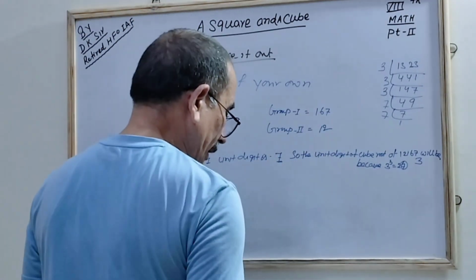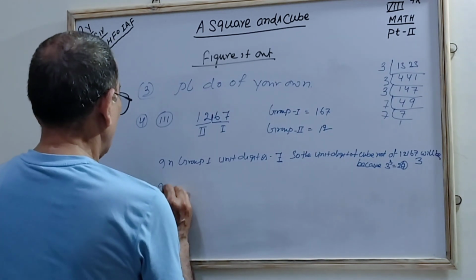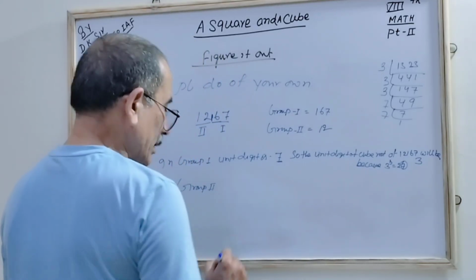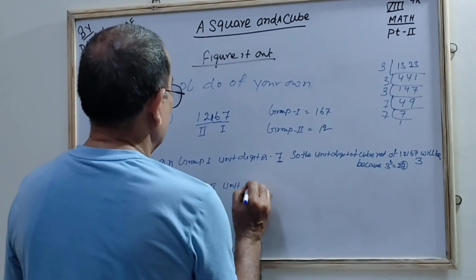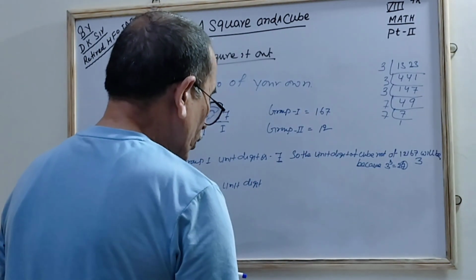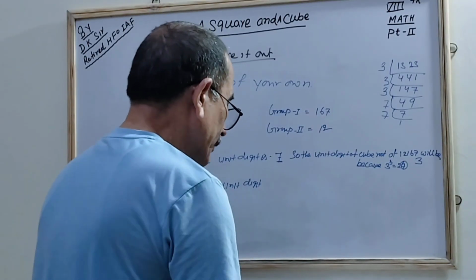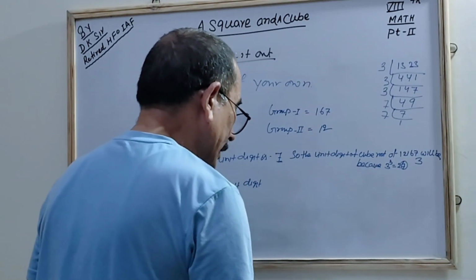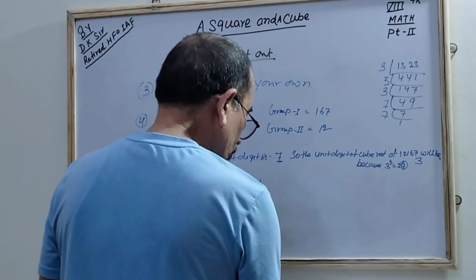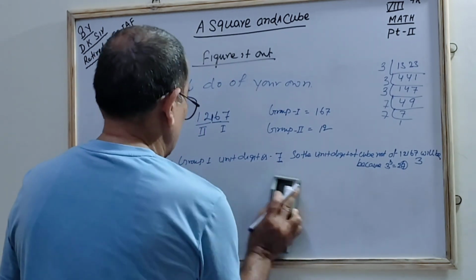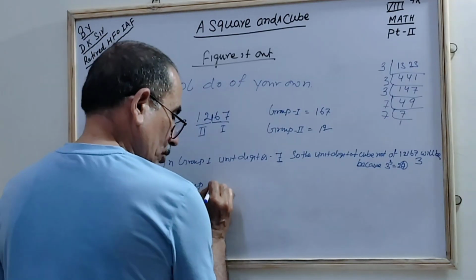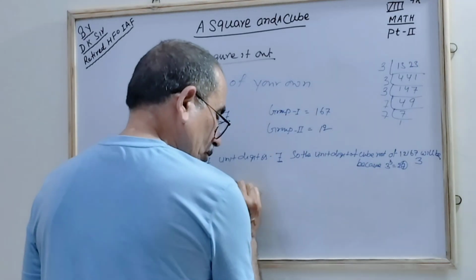The next, what will be there in group 2? In group 2, the number is 12.